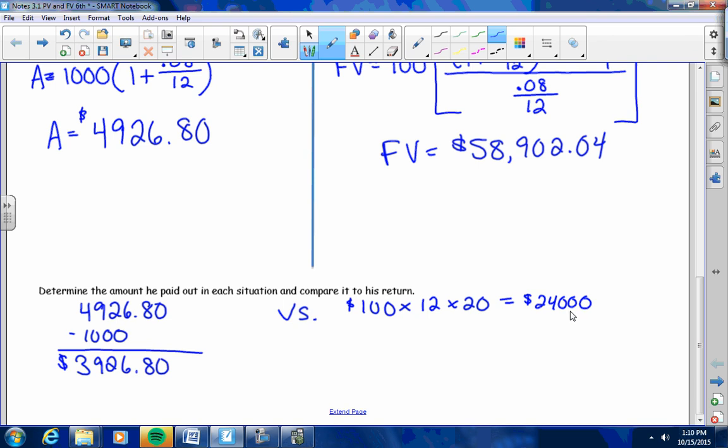That's how much he paid out. But how much did he get in return? So the future value, $58,902.04 minus the $24,000 he paid out. So his net return was $34,902.04.